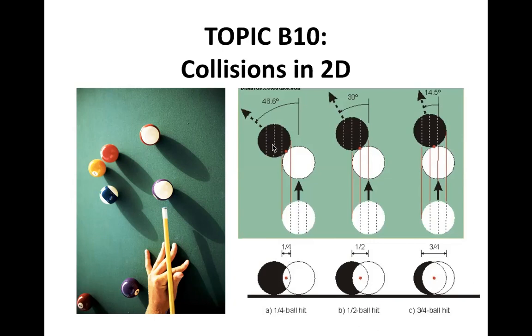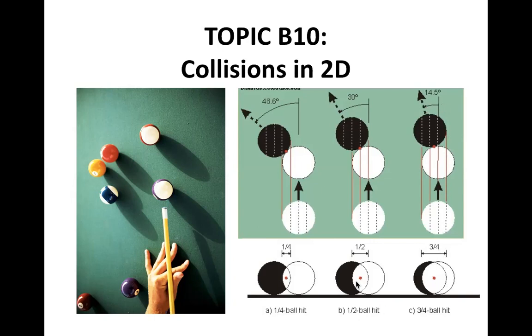And there are tricks to this. If you line up your line of sight so that there's an overlap of 1, so a head-on collision, and then you angle to subtract 1/4, every time you subtract 1/4, you add about 15 degrees. So when we take away 1/4 from a full overlap, you get a 15-degree angle.